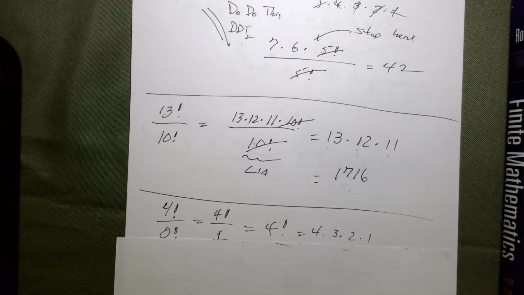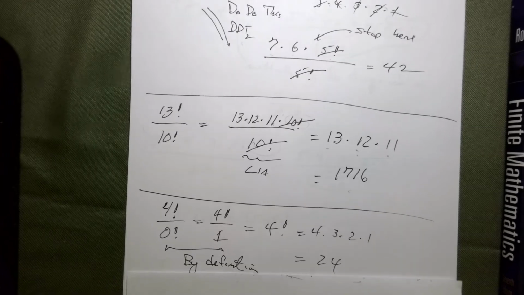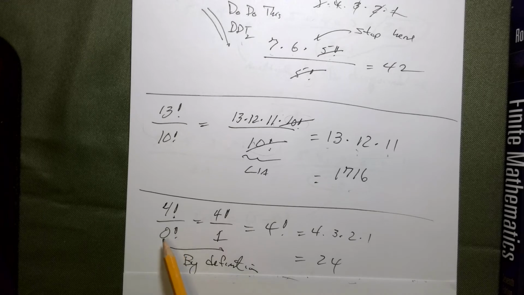And that's going to be very important when we come up with the permutation formula. Now, what does 0 factorial mean? By definition, and I do not want to explain why, 0 factorial is defined to be 1. So we don't have any cancellations to worry about. 4 times 3 times 2 is 24.